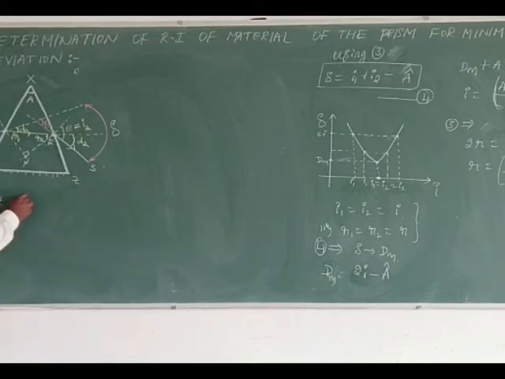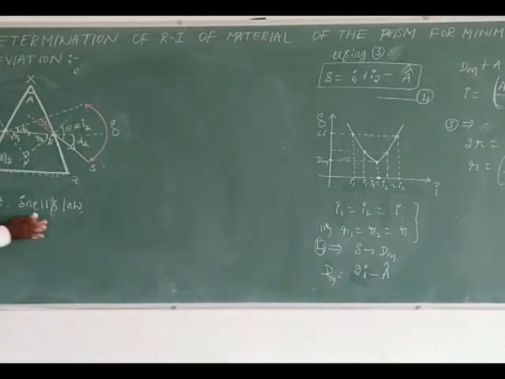So we know Snell's law. What does Snell's law mean here? For the first refractive surface, the air medium refractive index is mu1, the glass medium refractive index is mu2, or you can take the refractive index as n1, because your NCERT textbook mentions n1 and n2.